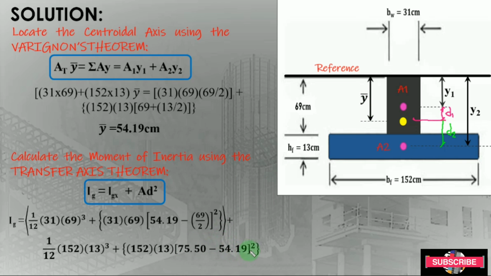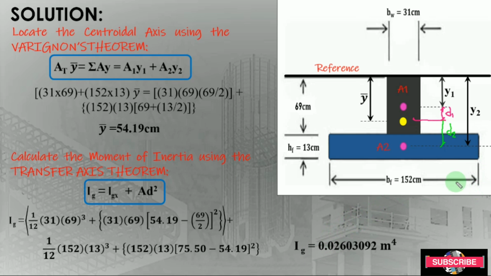We raise this to the square, and then after calculation we got our gross moment of inertia, 0.02603092 m raised to the fourth.